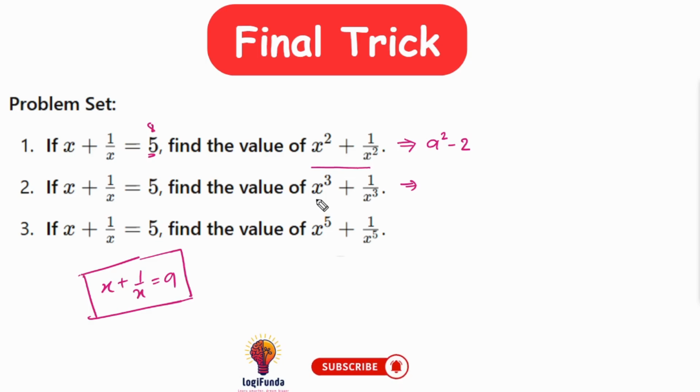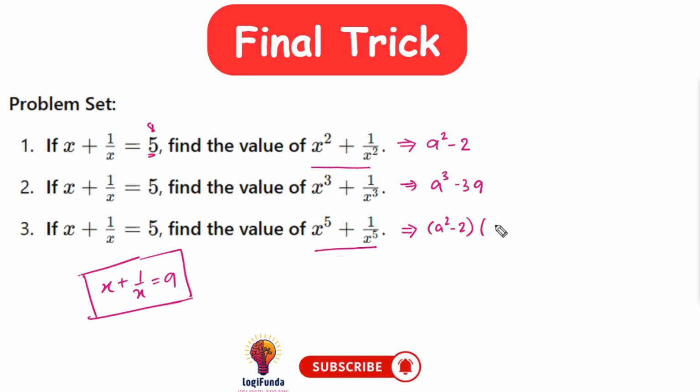If you have to solve x cube plus 1 by x cube, then you have a formula a cube minus 3a. If in a competitive exam it's asking x to the power 5 plus 1 by x to the power 5, then simply you have a formula a square minus 2 and then in brackets a cube minus 3a, and then you subtract a.